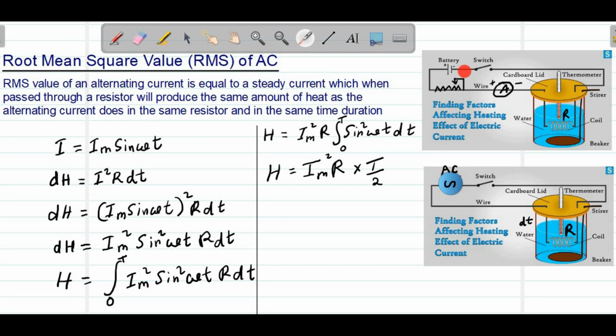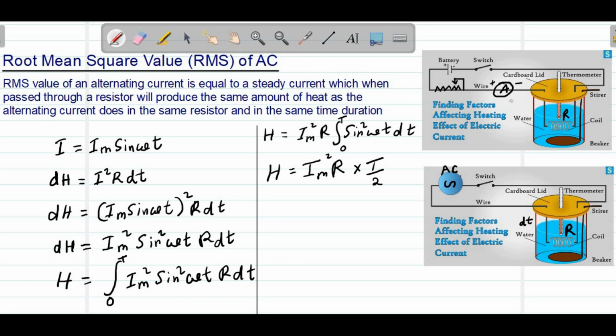When this DC produces the same heat energy as what is produced here, for the same time duration in the same resistor, what is the value of current in the ammeter at that time? That will be the effective value of this AC, and that is called the RMS value of AC. This DC current has the same heating effect as this AC when it flows through the same resistor for the same time duration.